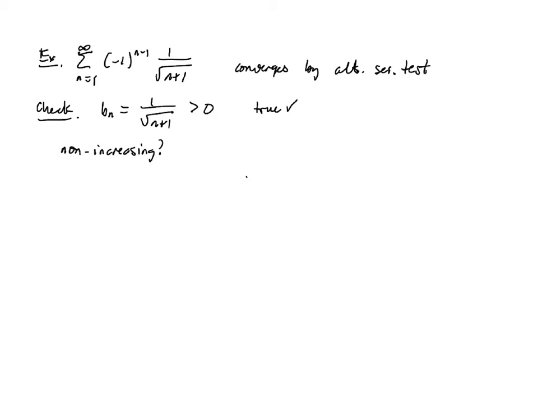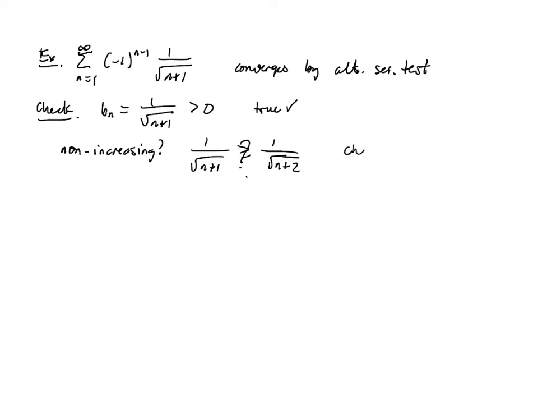And for that we need to know that 1 over the square root of n plus 1 is greater than or equal to, this is the thing that we want to check, 1 over the square root of n plus 2. So let me rewrite this in a slightly different way.